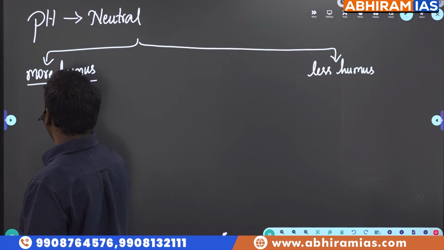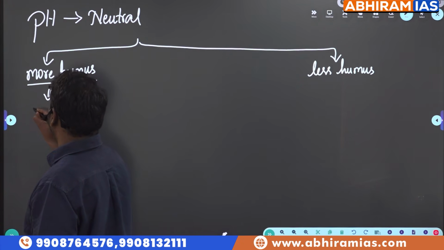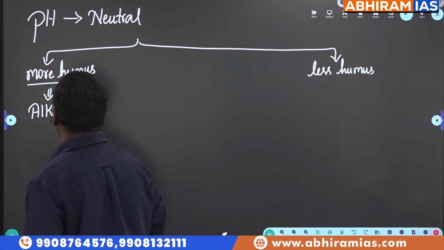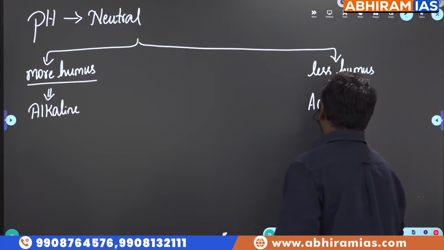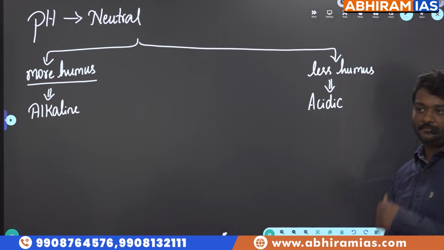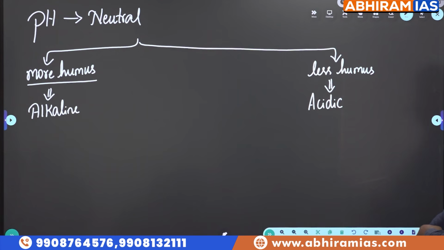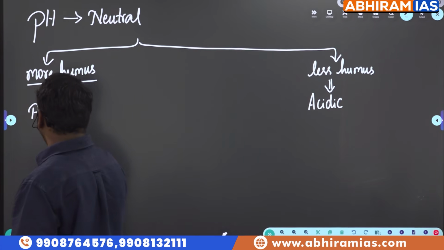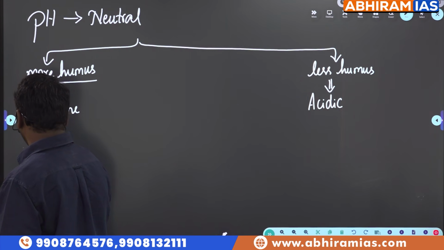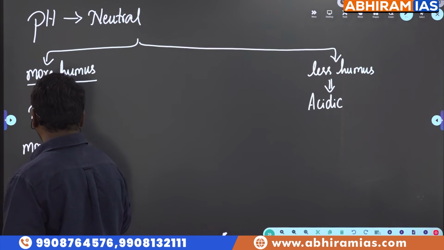More humus content, it would become alkaline. Less humus content, it would become acidic. Why will you have more alkaline? It can be due to more fertilizers.